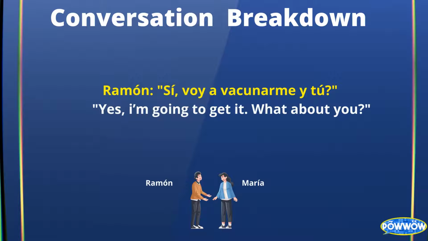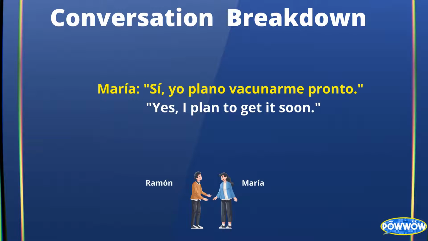And he says, y tú. Now, this is a good way to ask someone, what about you, without having to add extra words in Spanish. And so in this case, it's implied that he's asking Maria the same question: is she going to get the vaccine? By just saying, y tú. Let's continue. So then Maria replies with, sí, yo planeo vacunarme pronto.